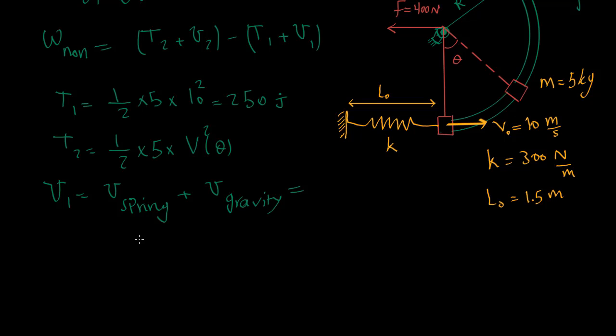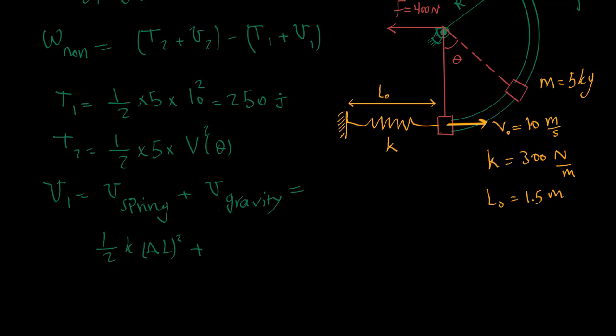For a spring, we know that the potential energy is just 1 over 2 k times delta, the elongation or the change in the length of the spring, squared. So this is basically 1 over 2k, let's say that delta L squared. And this is basically the end length of the spring minus its initial length. Here is just L0 at rest this spring.